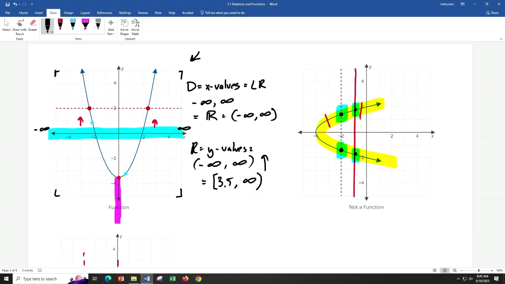Now, use your math brain. What is domain and range, other than what I just told you about the values? We talked about relations, right? Obviously, on this graph right here, there are 2 points that you can see, plain as day.